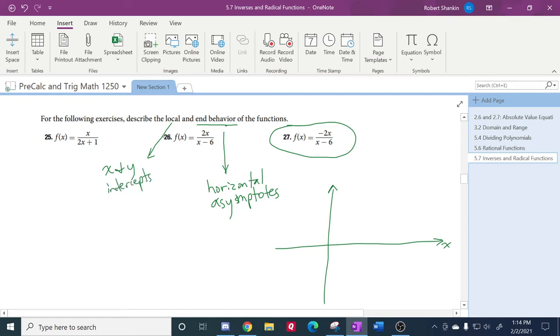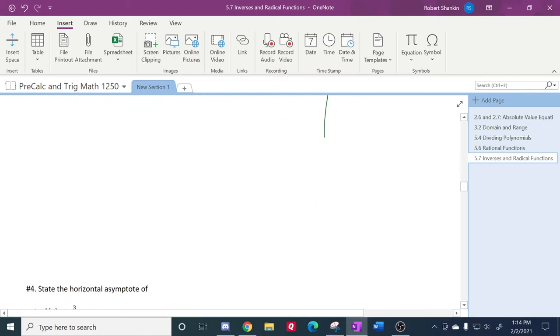And typically, if you answer the local part by just stating what the x and y intercepts are, and then this is a great lead-in to our subject. And we're going to go to horizontal asymptotes, and we're going to finish that up from last time.